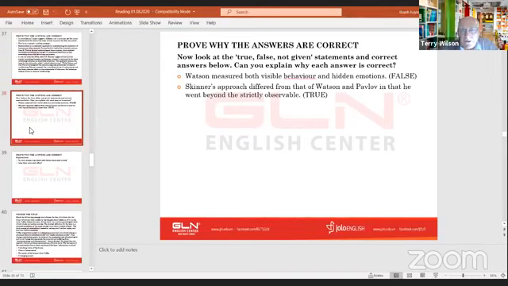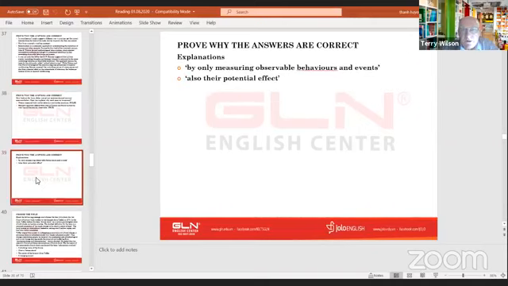So Watson did not measure both visible behavior and hidden emotions. But Skinner did have a different approach. And those are the two expressions to confirm that.